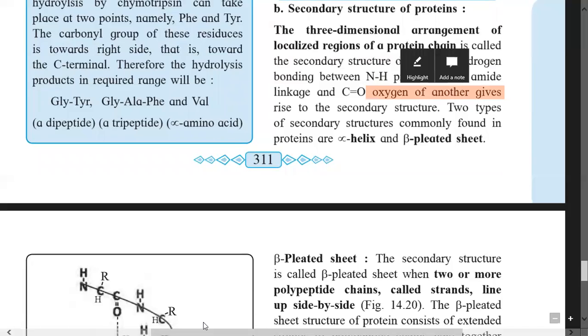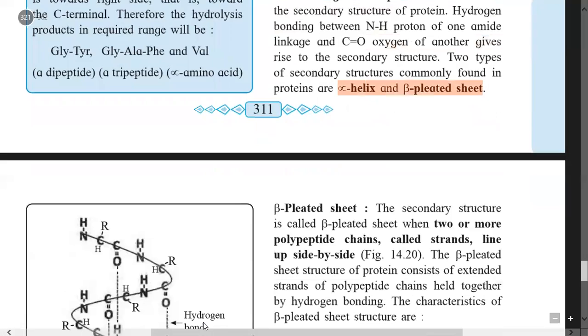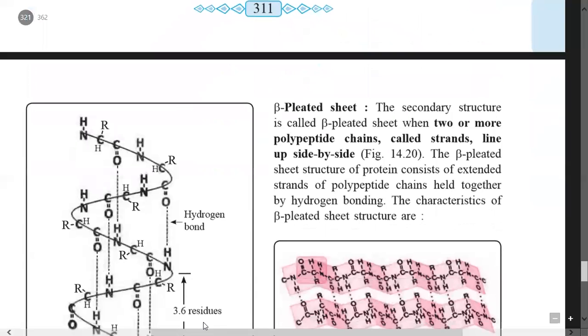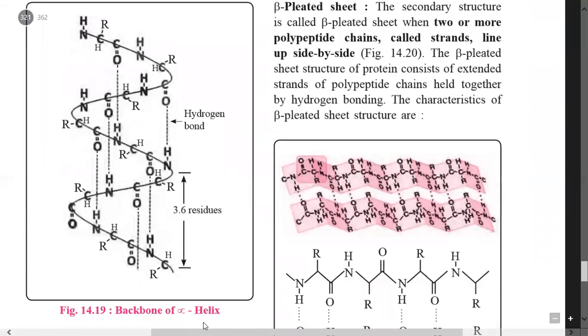This we will study in this diagram. Before that, the two types of secondary structure commonly found in protein are the alpha helix and the beta pleated structure. So how are these alpha helix and beta pleated structures formed? This is shown in the backbone of the alpha helix.